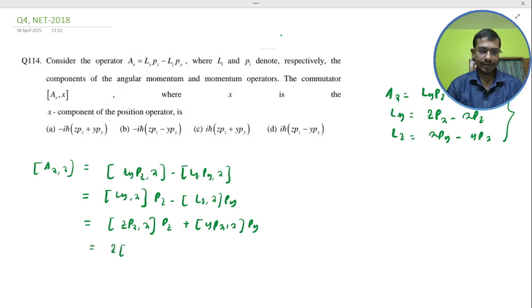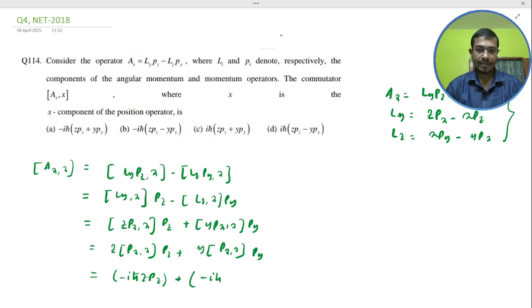Z should be going outside of the bracket. Put this value: minus i h cross z pz plus minus i h cross y py. It should be equal to minus i h cross, common here, z pz plus y py. So I think option A should be the correct one.